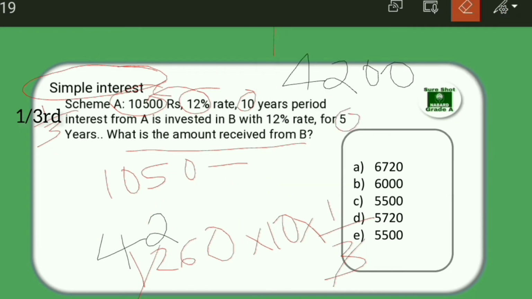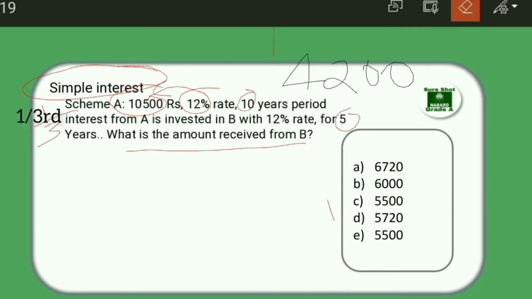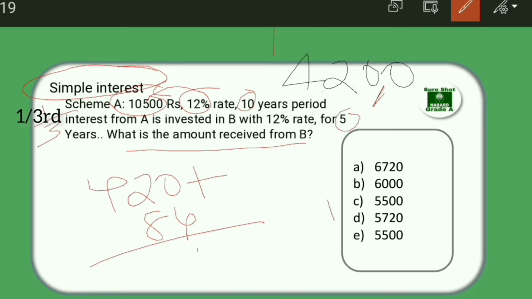Let's arrange this all. 4200 is the amount we are going to invest in scheme B. With a 12% rate, what's 12% of 4200? 10% is 420, 1% is 42, so 2% is 84, and the total is 504, for 5 years.